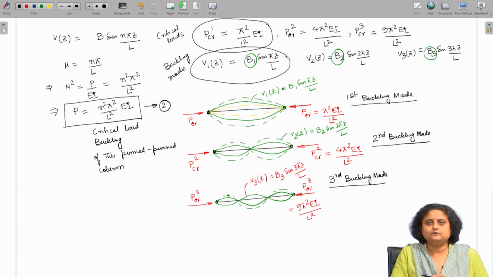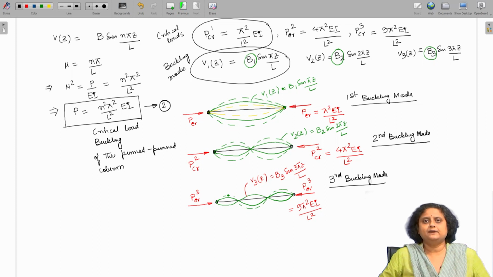So, now if we summarize, for a pin column, we have found that one possible equilibrium solution of the column under axial compressive load P will happen when P is equal to P criticals. There would be an infinite number of P critical values. The first P critical value is given as pi square E I by L square and so on.